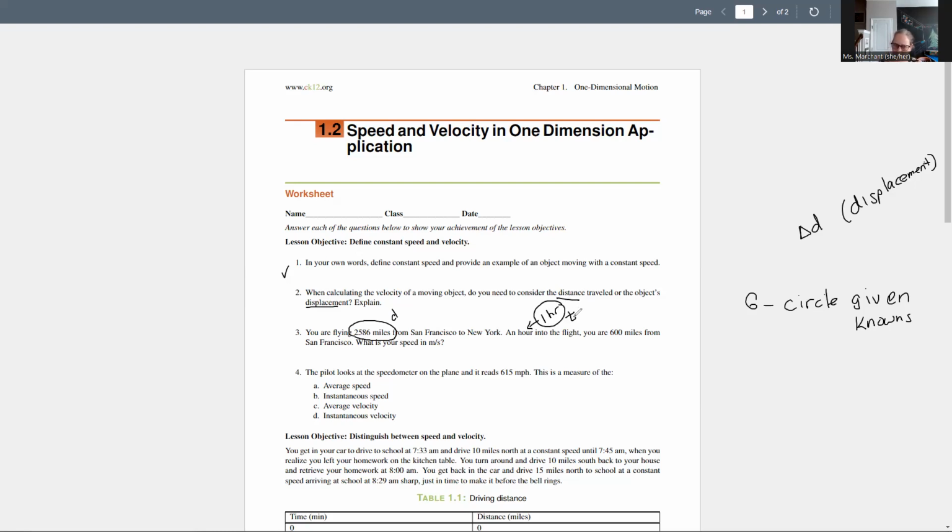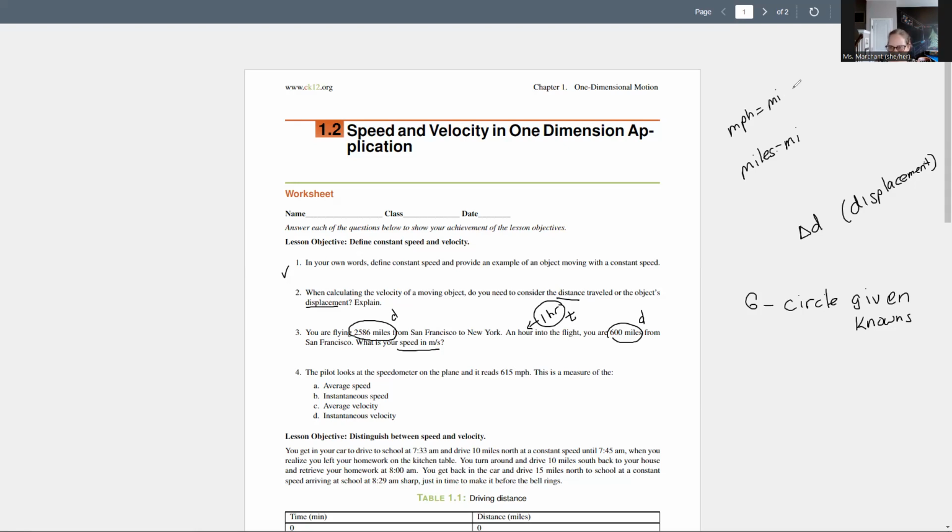Okay, sometimes it's not going to show up like a number. You are 600 miles from San Francisco. So that's another distance thing, so we're going to have to evaluate that further as we go on. What is your speed in meters per second? Remember, M is going to be meters, S is going to be seconds, not miles. Okay, miles would be abbreviated MI, even though you see miles per hour in the English system as MPH.